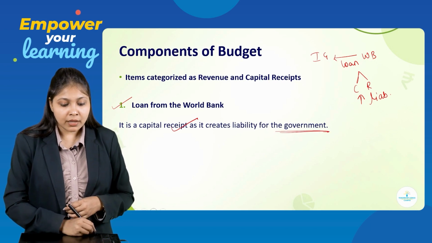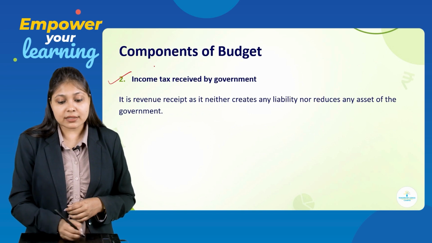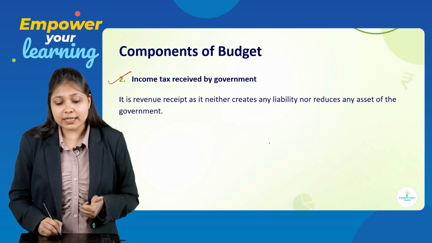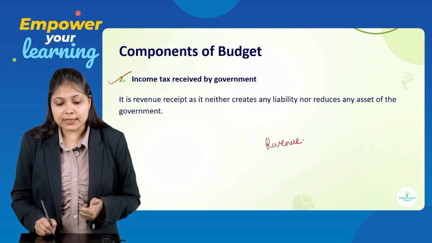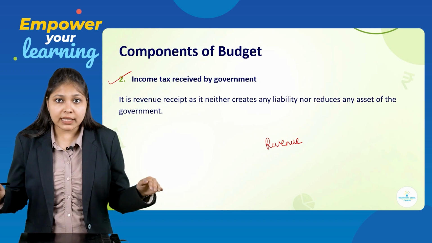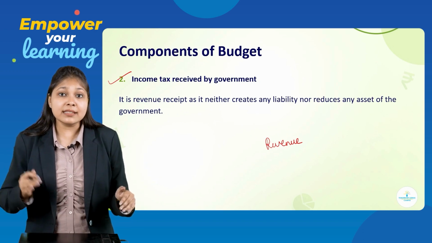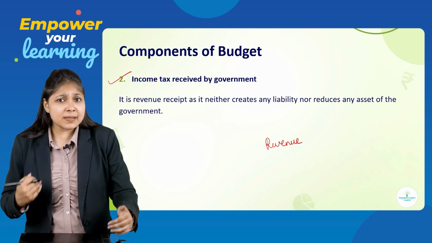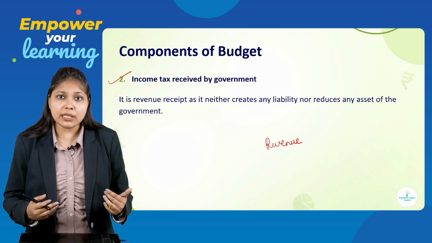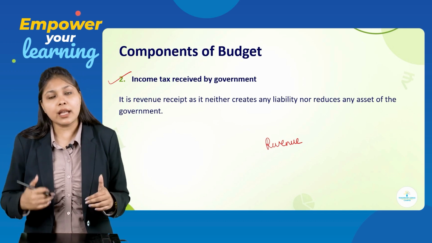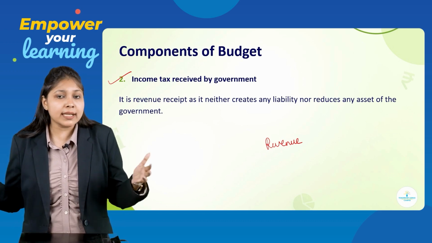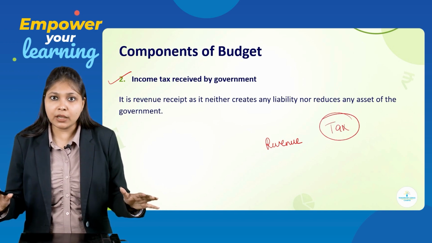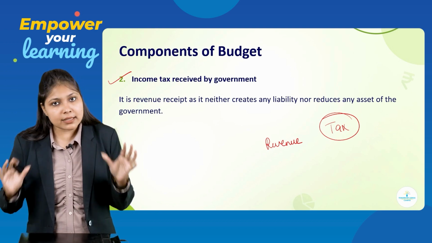Very simple. One more we will see, income tax received by the government. Tax received by the government is what? Of course, it is going to be a revenue receipt, because it is not creating any liability as well as it is not reducing any asset of the government. When any receipt does not create any liability on the government or does not reduce the asset of the government, those kinds of receipts are called revenue receipts. Taxes will not create any liability on the government and will not reduce any asset of the government.